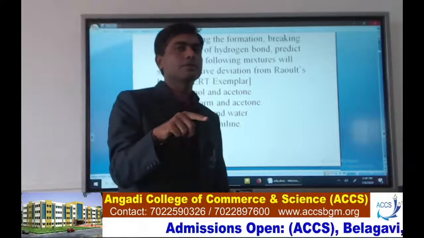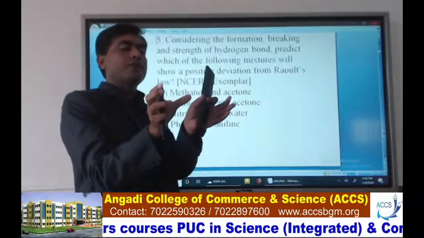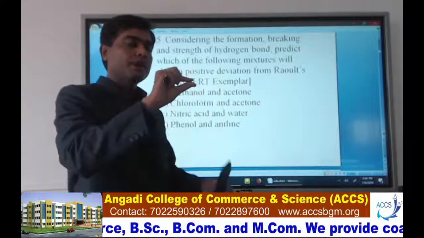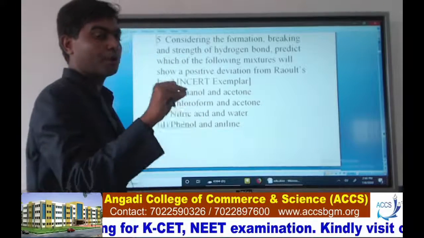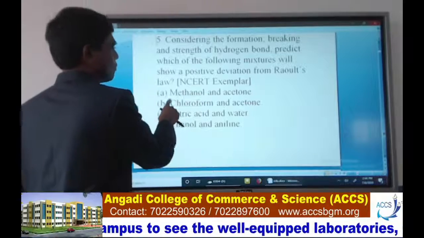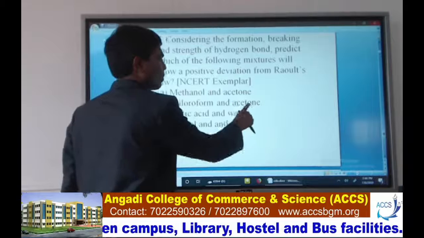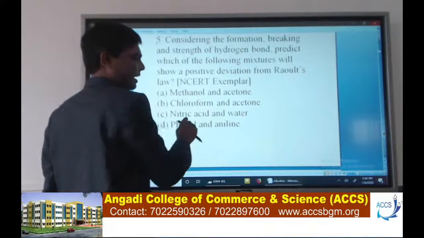In a non-ideal solution, the positive deviation means when you mix 50 ml of compound A with 50 ml of compound B, there is an increase in the volume of the solution. That is called non-ideal type 1, positive deviation. He has given 4 options: methanol and acetone, chloroform and acetone, nitric acid and water, phenol and aniline.